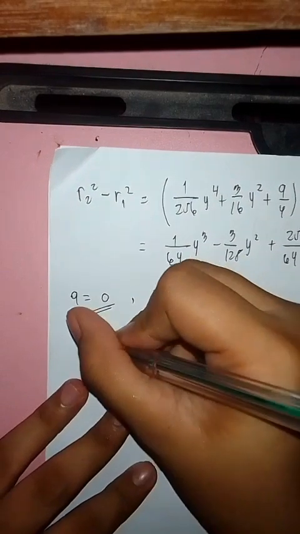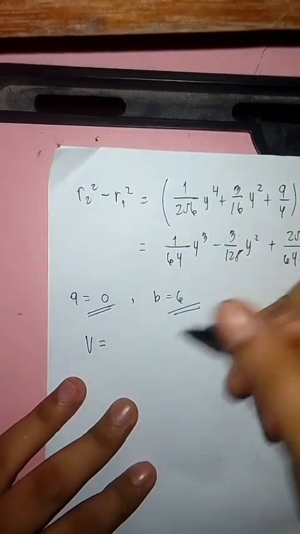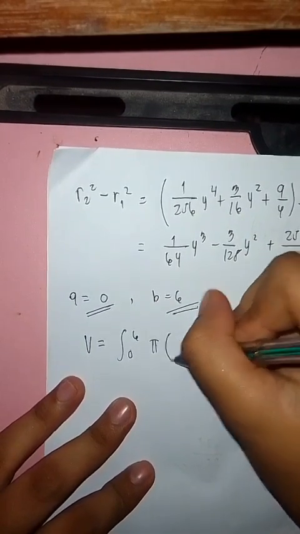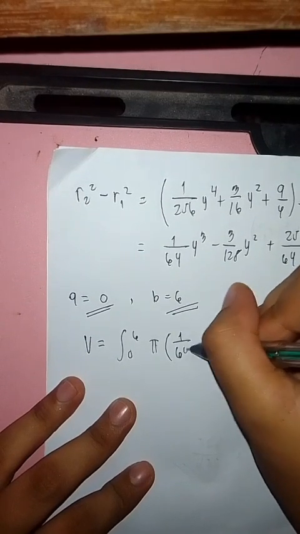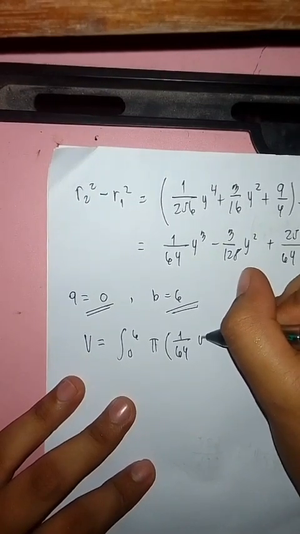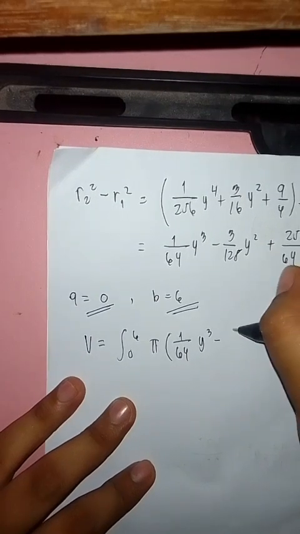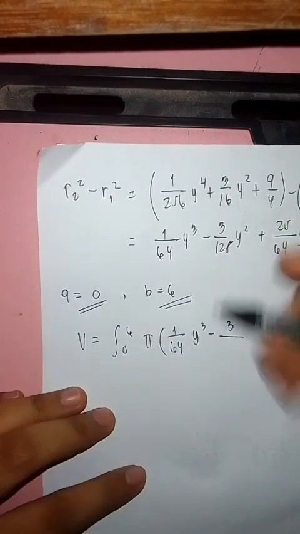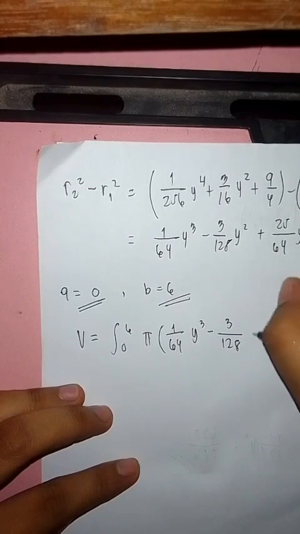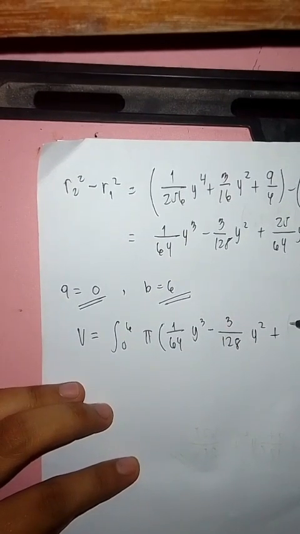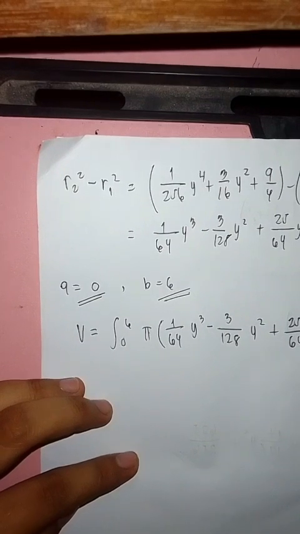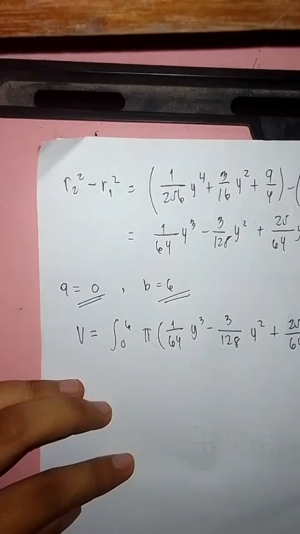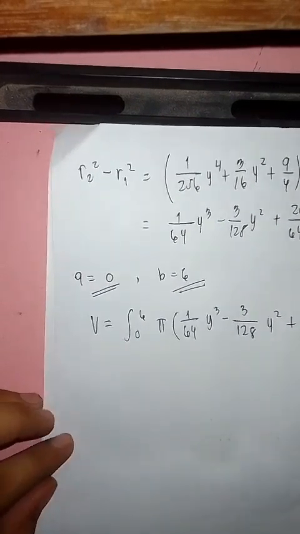So we can now use the formula V is equal to the integral of pi times (1 over 64 y cubed minus 3 over 128 y squared plus 25 over 64 y minus 49 over 256) dy evaluated from 0 to 6.